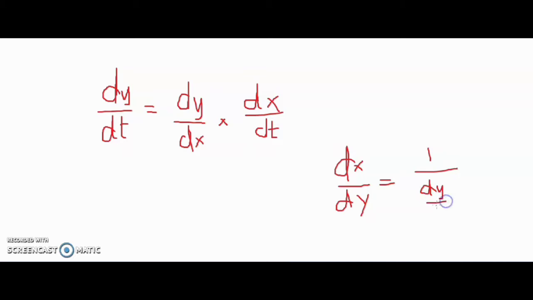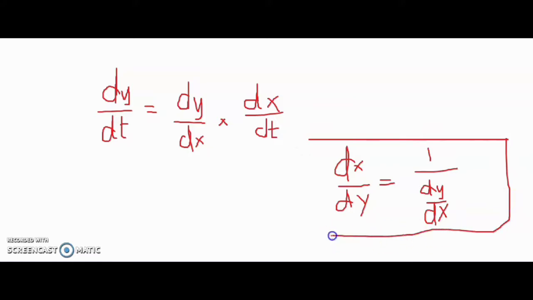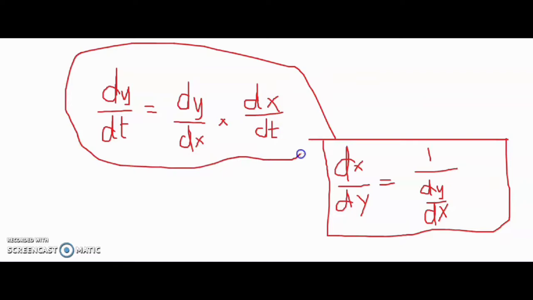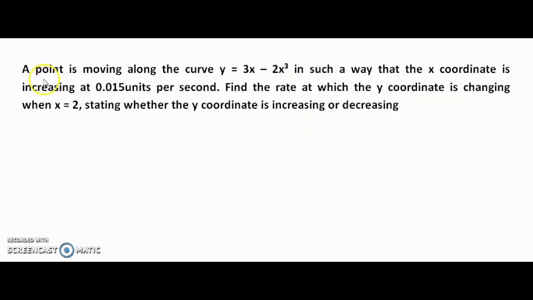It's very simple. Take the reciprocal of dy by dx. That means dx by dy is equal to 1 by dy by dx, and use the chain rule also for the rate of change. You have to remember both these concepts.